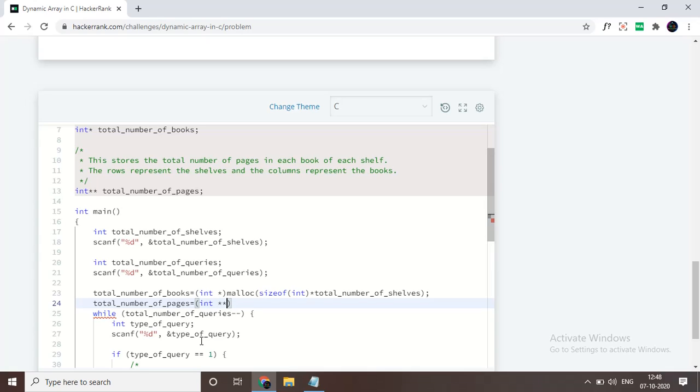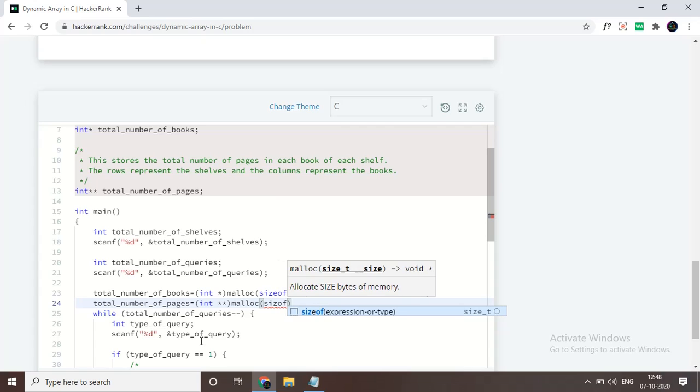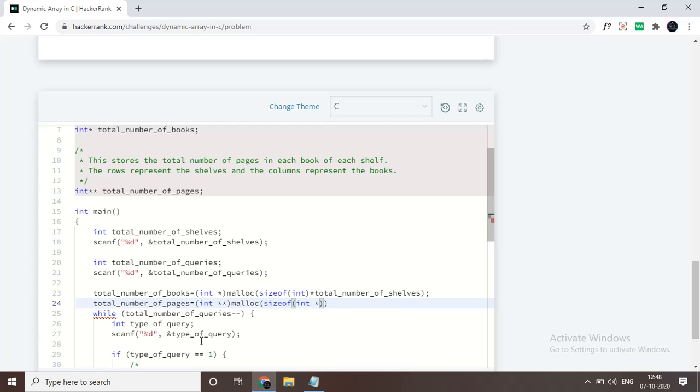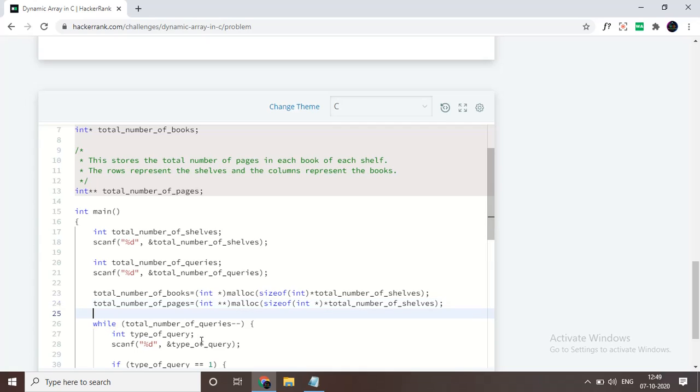That's why I am going to take a double pointer here. malloc of size of int star into total number of shelves. I am going to allocate the memory like this. But here I am going to allocate the memory for every shelf.